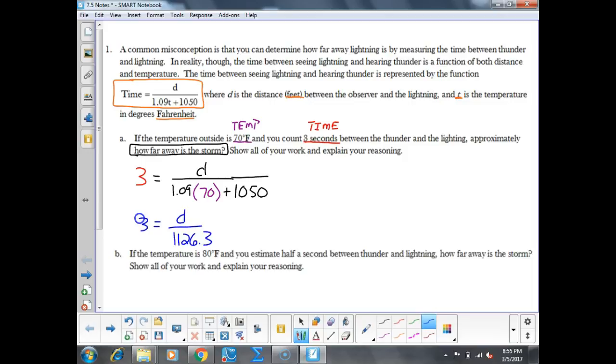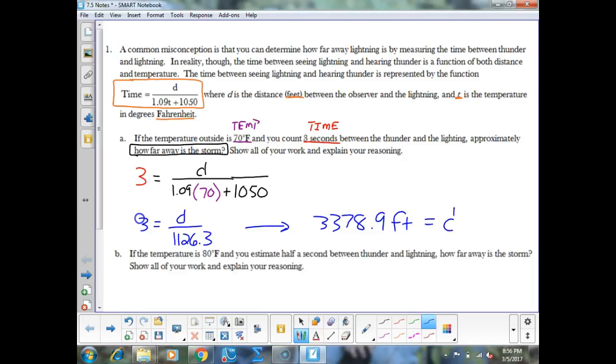To solve, multiply both sides by 1126.3, and you get 3,378.9 feet for your distance. That's about 0.6 of a mile away.